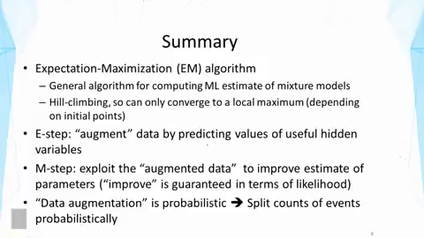Now here, data augmentation is done probabilistically. That means we're not going to just say exactly what the value of a hidden variable is, but we're going to have a probability distribution over the possible values of these hidden variables. So this causes a split of counts of events probabilistically. And in our case, we'll split the word counts between the two distributions.